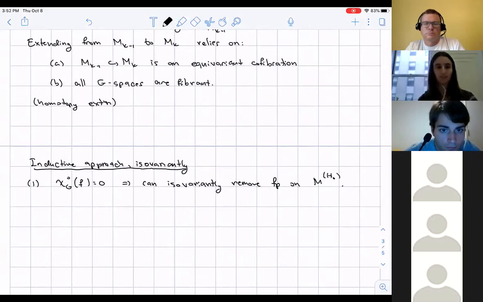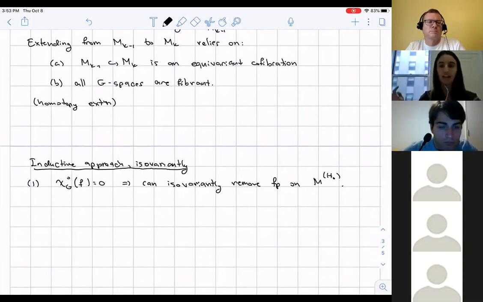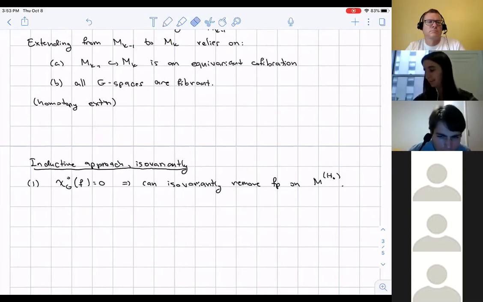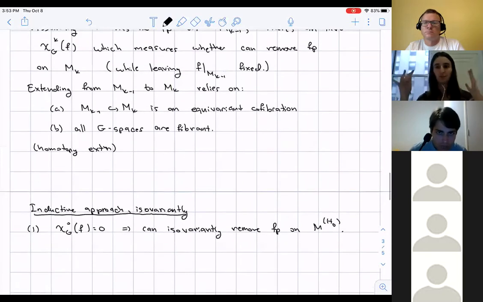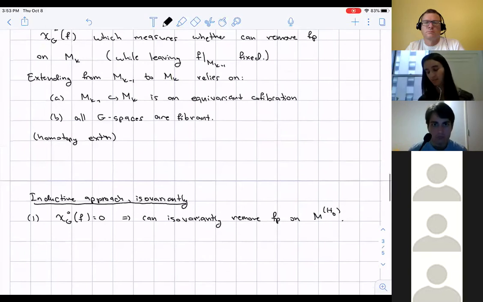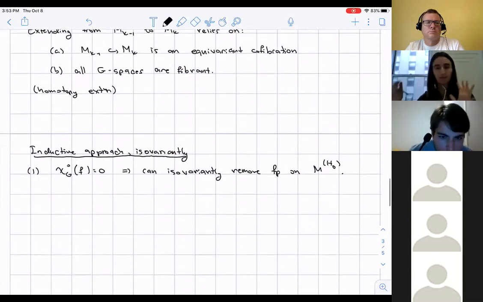So this MH0, that's usually MG. That's usually the things fixed by the entire group. And this is because we can equivariantly remove them. So this is saying, well, for the largest subgroup that appears as an isotropy group, so for example, G itself, if you can equivariantly remove fixed points on MG, you can isovariantly remove fixed points on MG. So that's kind of the basis of the induction.